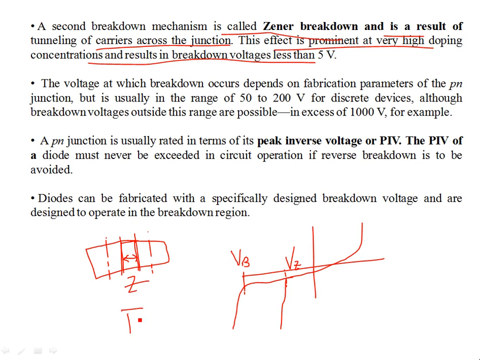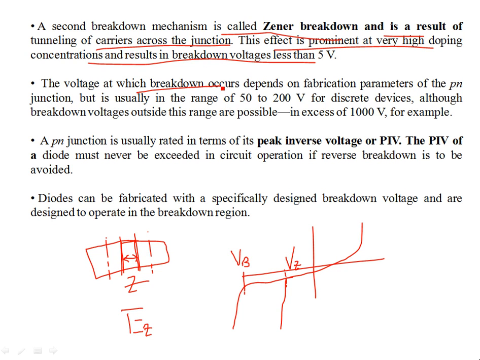The electric field EZ is large. And because of the large electric field, there is a chance that more covalent bonds are going to break, and then the breakdown voltage required for a drastic increase in current reduces, because of the large doping concentration and smaller depletion widths.